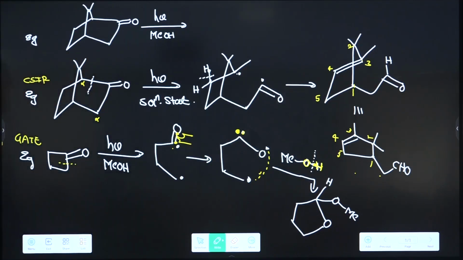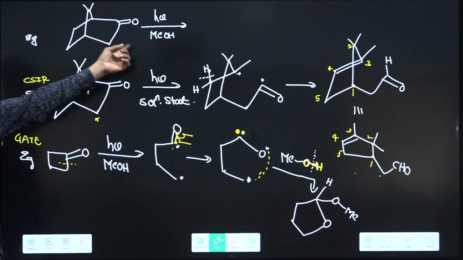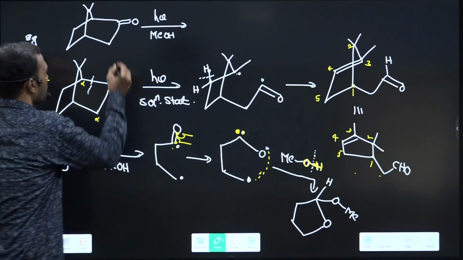Now the physical state is not given, the solvent is given. Now the intermediate is not a carbene. In this the intermediate is not a carbene, but here I have given methanol. Now the intermediate is what? Carbene. So can I break here?